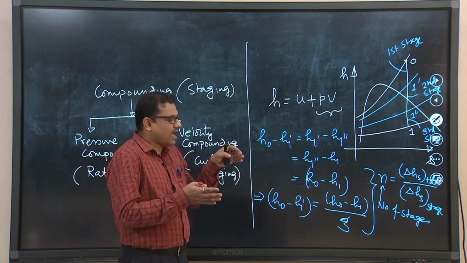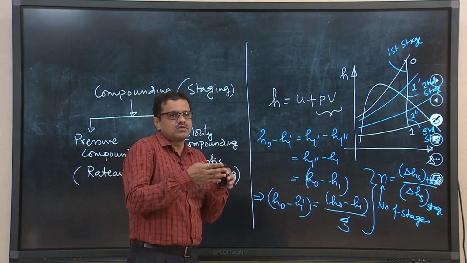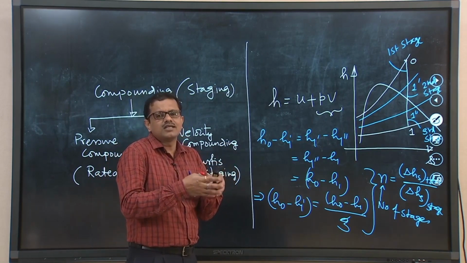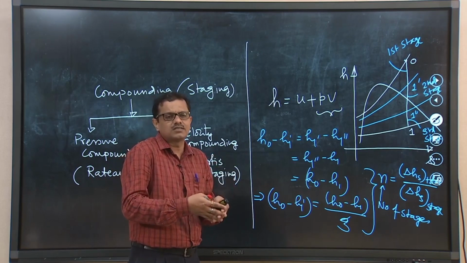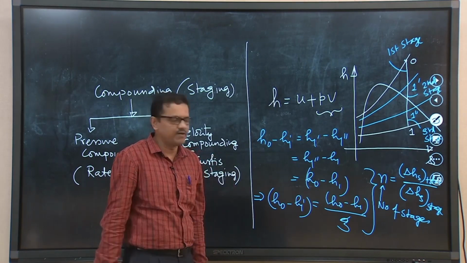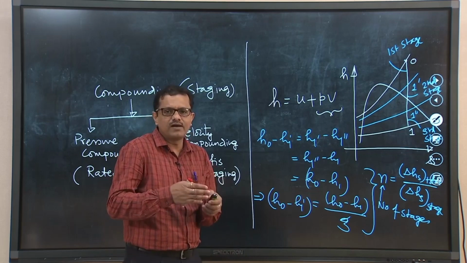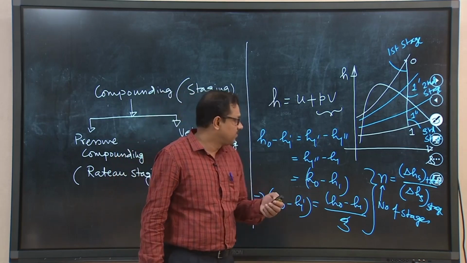The enthalpy drop in each stage will be equal, and the total enthalpy drop in all stages will be equal to the enthalpy drop that we need to have when steam is passing through the turbines.